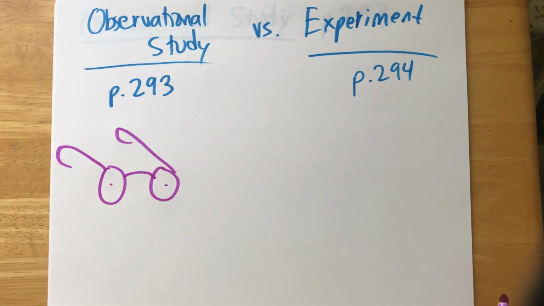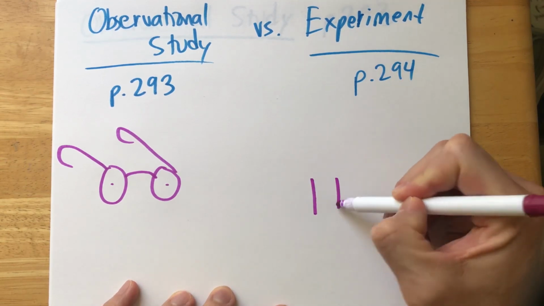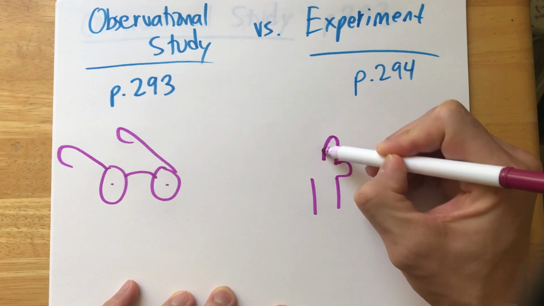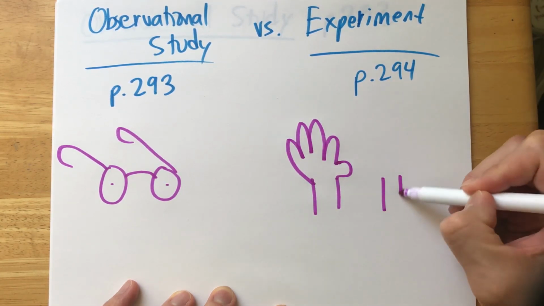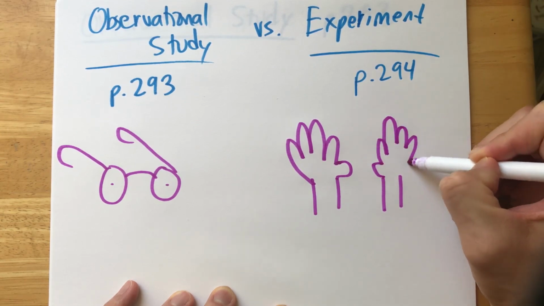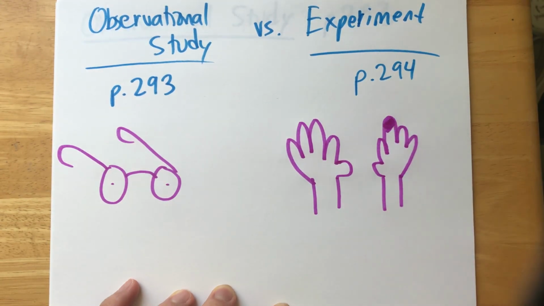An experiment, on the other hand, there's a lot more that goes into it. And to depict this, I like to draw. No, these are not cacti. Oh, sorry, I made that finger a little bit too long. Okay, yeah, these are hands.